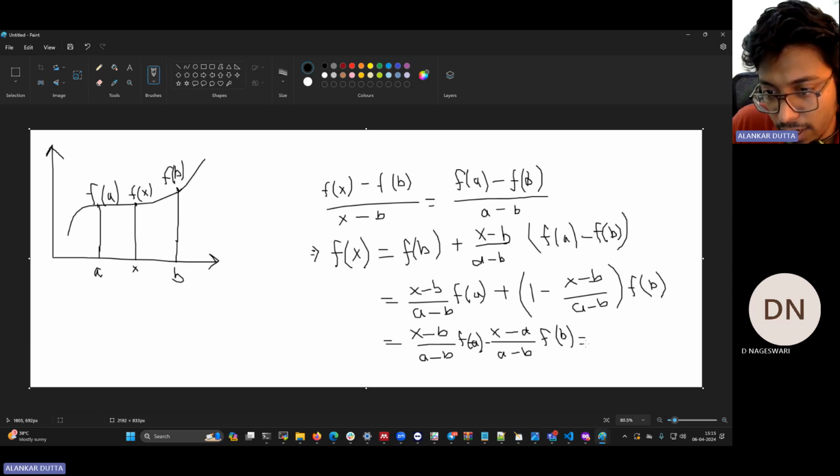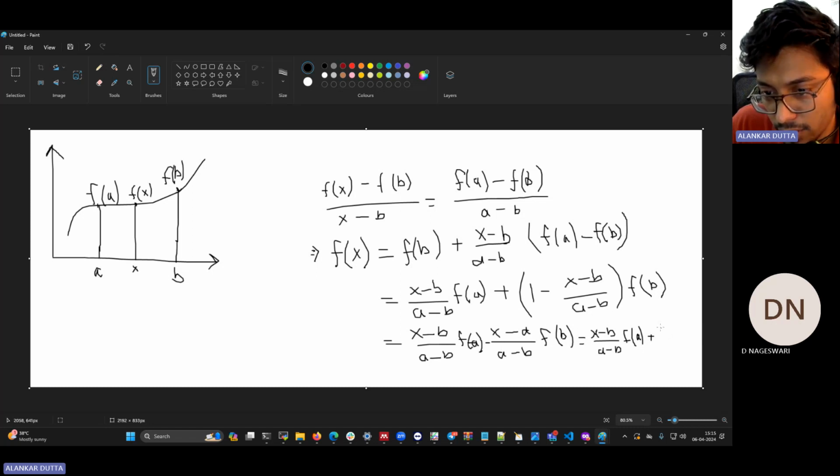So then what you will have is very simple. You will have (x minus b) by (a minus b) times f(a), and the plus, because we are changing the sign in here, so that will become plus.